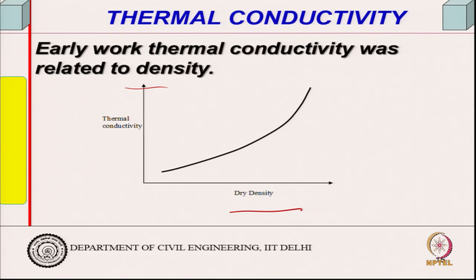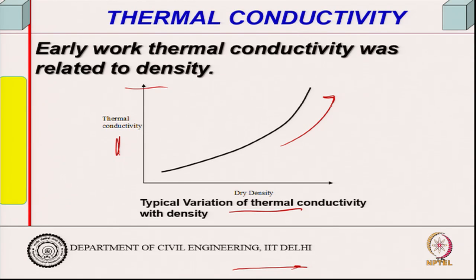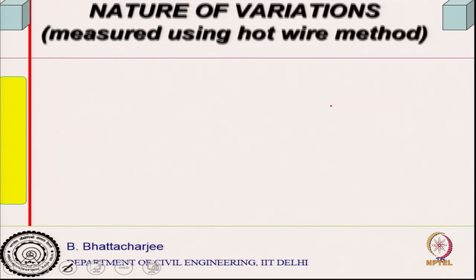So if I look at dry density versus thermal conductivity, as density increases, conductivity increases. This is an empirical observation, and people try to relate some empirical relationship. This is the typical variation of thermal conductivity with density, for bulk materials, not looking into details.